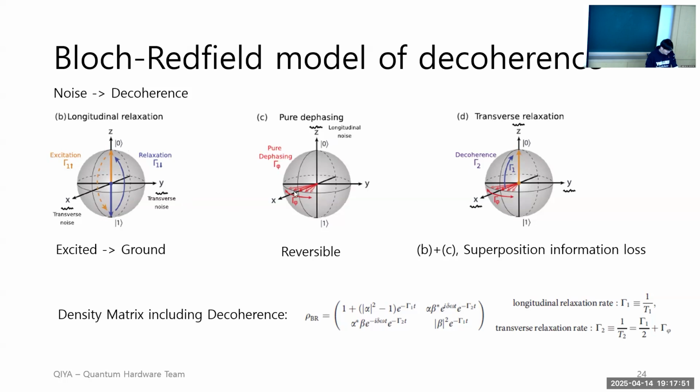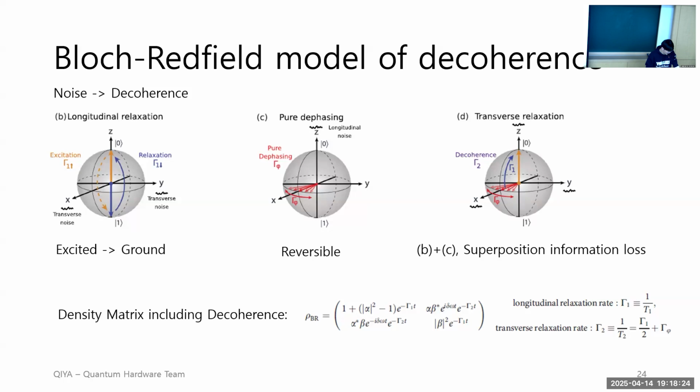And there can be some pure dephasing in the XY plane, so it makes some phase difference in the qubits. Also we can make the transverse relaxation model of the superconducting qubits. It can cause decoherence and vibrating phase noise here.